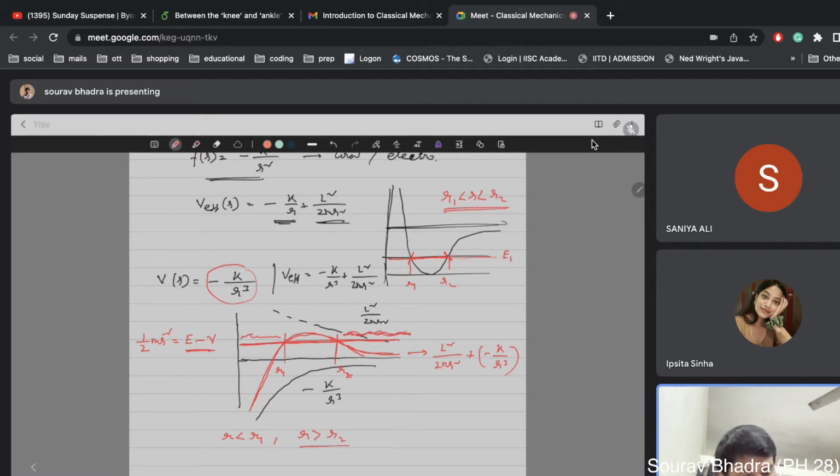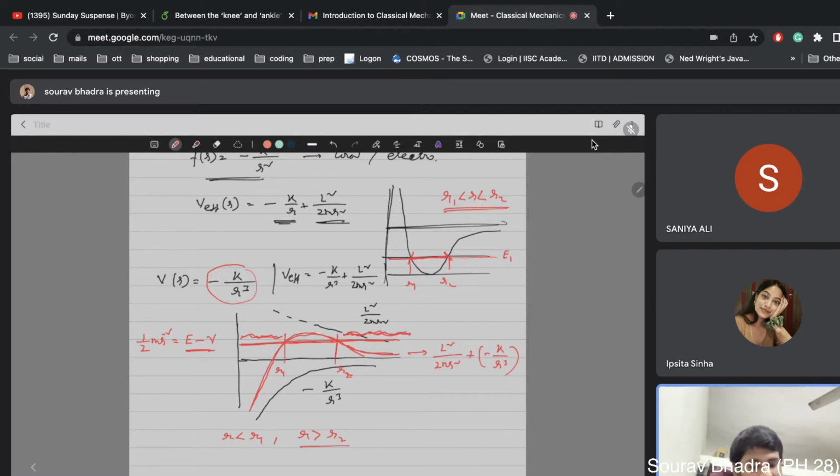Okay, so in these two regions the motion is possible, but within r1 and r2 the motion is not possible because half m r dot square would be negative. Imagine, so r dot is imaginary. So I think you can see the difference, that just the shape of the potential has been changed.